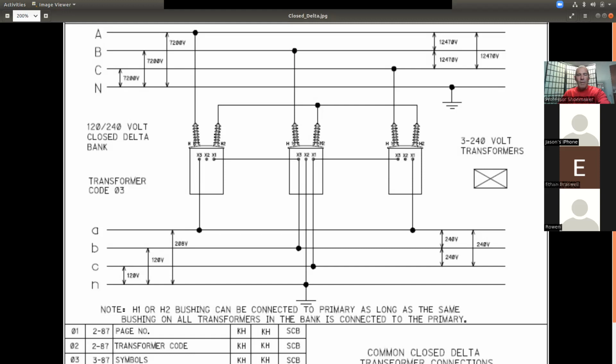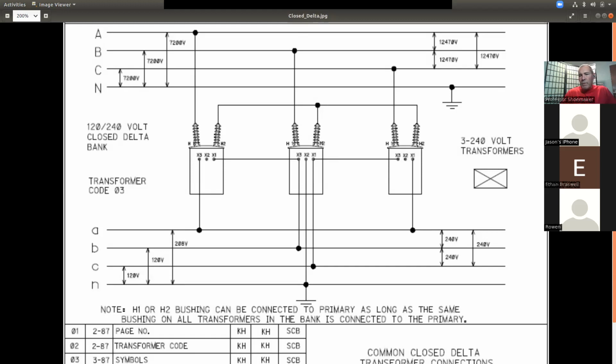Right. So all we need to do here on closed delta is what they call closing the delta. Instead of open delta, I'm going to add the 3rd transformer to the left-hand side. Wiring's a little bit different, but that's all I'm going to do.